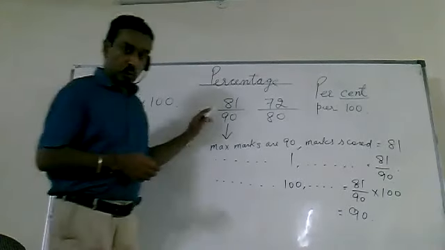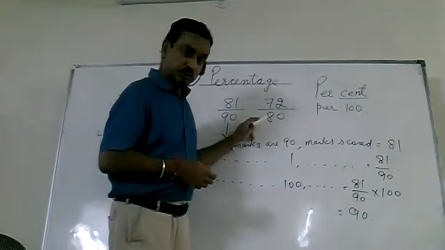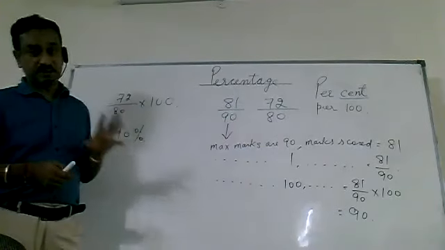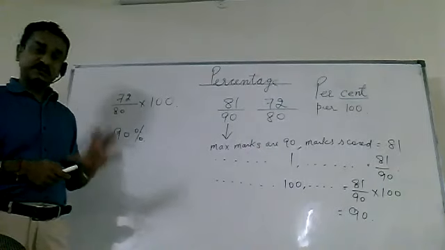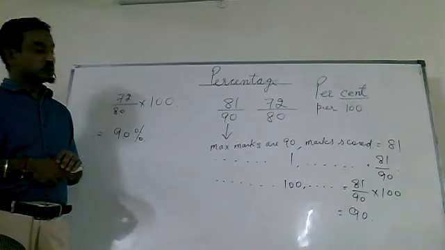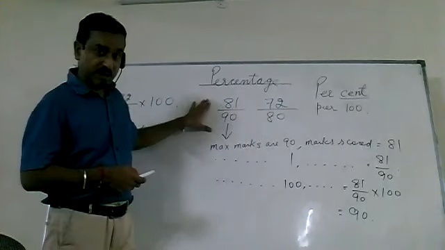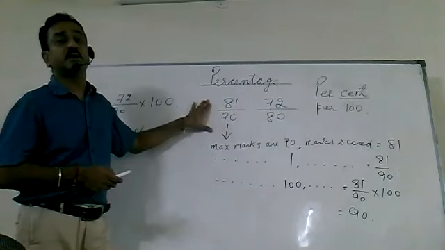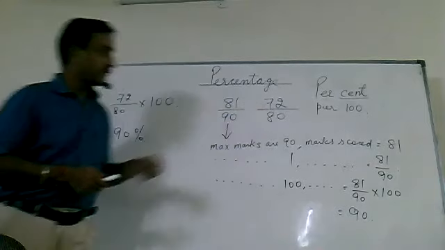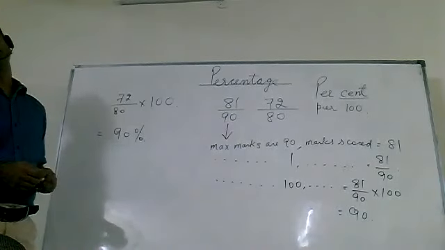So this student has also got 90%. So both have performed at the same level. So this logic that this student lost 8 marks and that one lost 9 marks is invalid. The performance of both the students is the same.